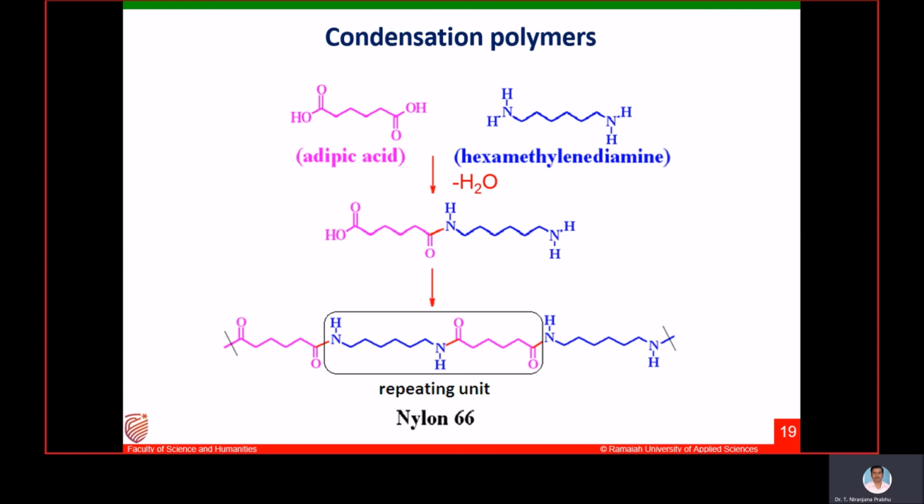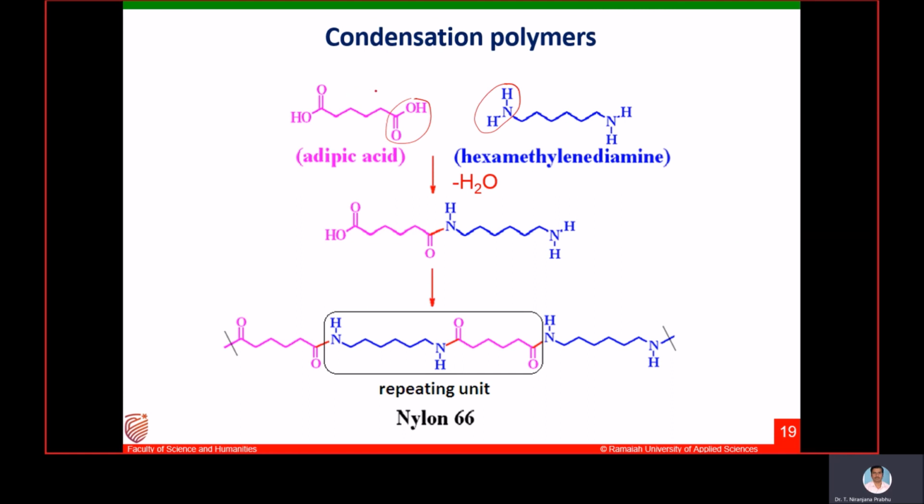Now look at condensation polymers. Condensation polymers are produced by the reaction between two different monomers having reactive functional groups. You can see here this is one reactive functional group with adipic acid, another reactive functional group with hexamethylene diamine. So here one functional group is there, here one functional group is there.